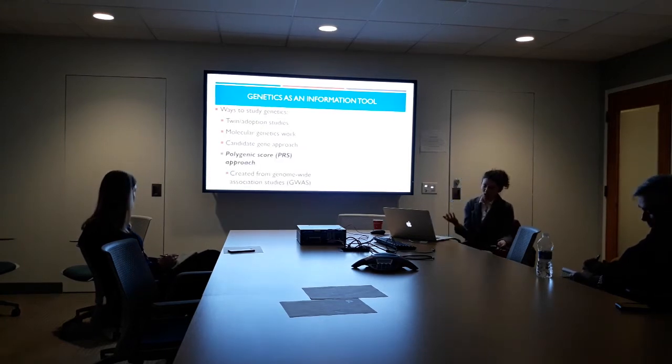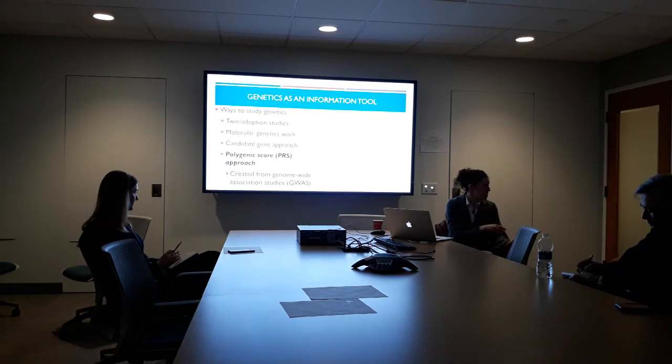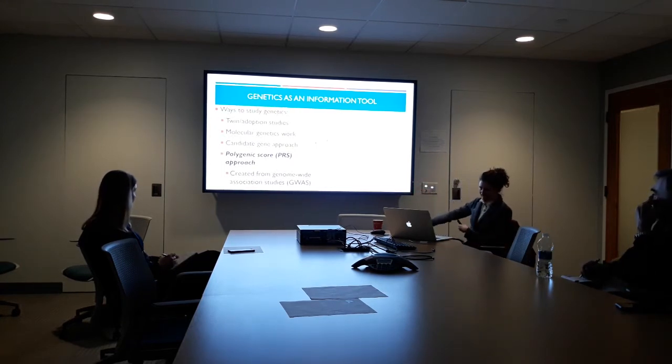So polygenic risk scores are created from genome-wide association studies. And genome-wide association studies attempt to identify genetic variants associated with a given phenotype or outcome. And typically you'll have something which is called a Manhattan plot produced from a genome-wide association study.